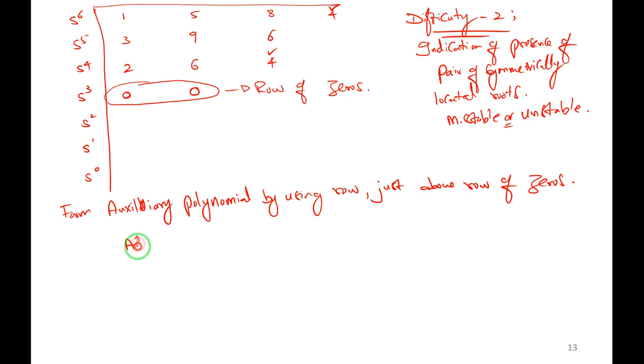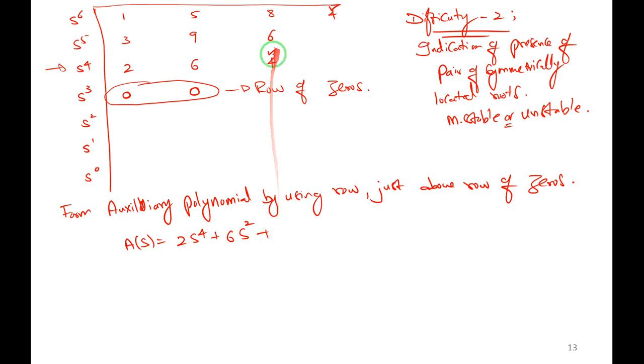So A of s is equal to, the row just above this row of zeros means 2, 6, 4. So 2 into s power 4, plus 6 into alternate powers of s. To s power 4 means s square will come, leaving s cube.